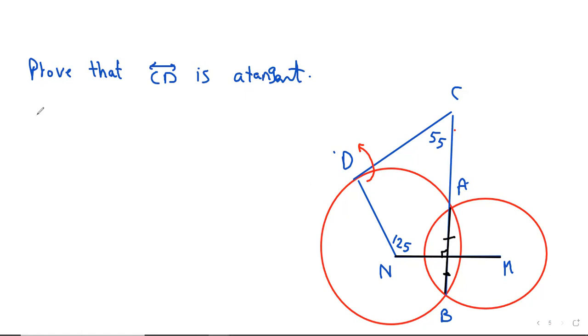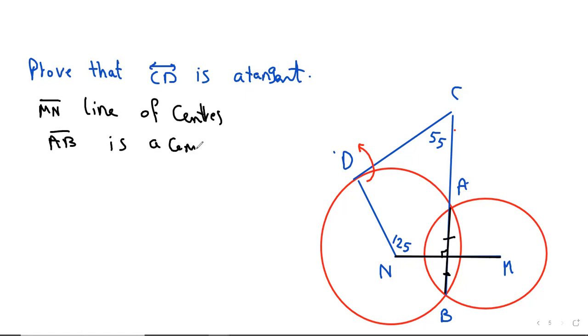Once again, because MN is the line of centers and AB is a common chord, then MN is perpendicular to AB and bisects it. So this angle is a right angle.